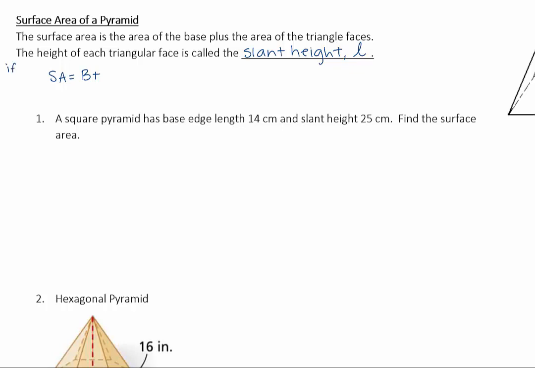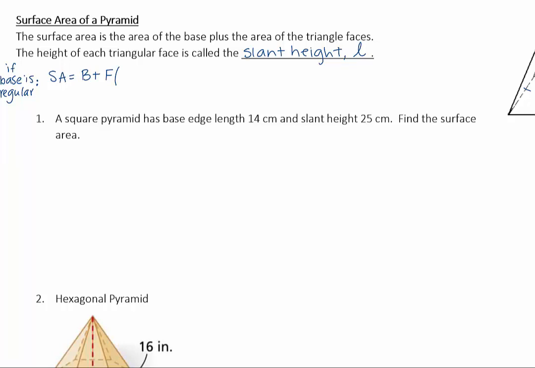So if the base is regular, all the sides would have to be the same. The surface area is equal to the base, plus all of these side lengths are the same, so I would have however many faces, so it could change. I might have 6, I might have 10, I might have 4. So however many faces I have, and a face here is a triangle.